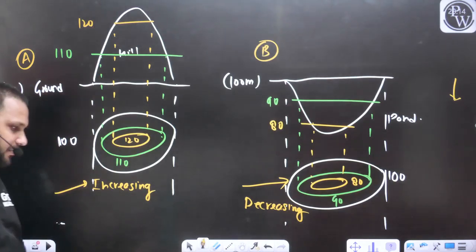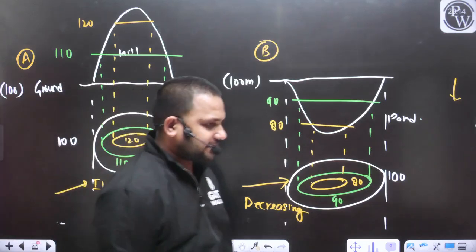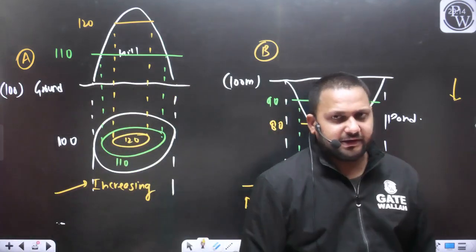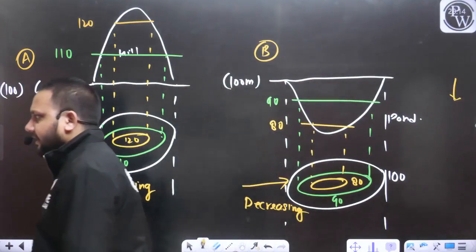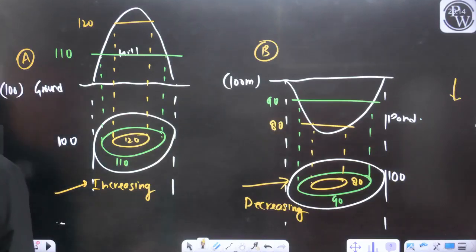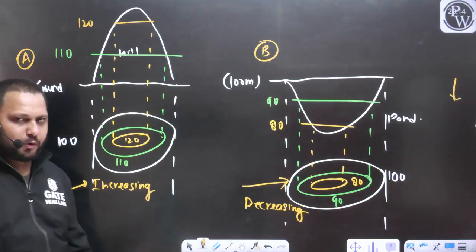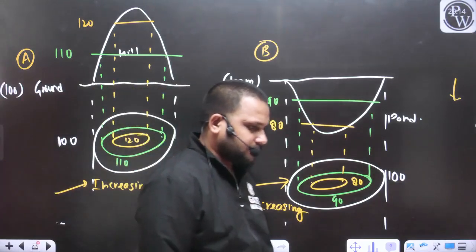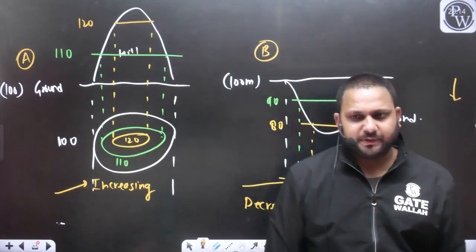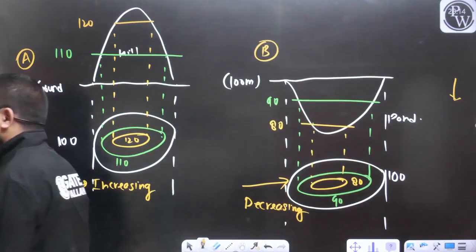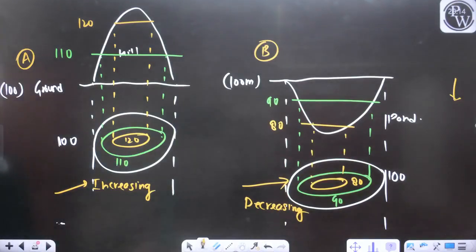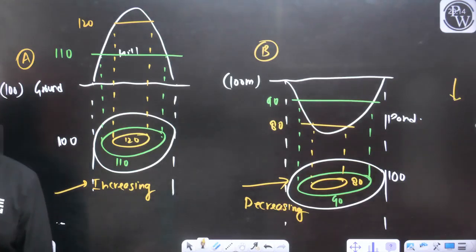So when moving in the inward direction, the values increase in the case of a hill, and decrease in the case of a pond or depression. Have you understood this point? Do you get the concept, yes or no? Tell me in the chat box.